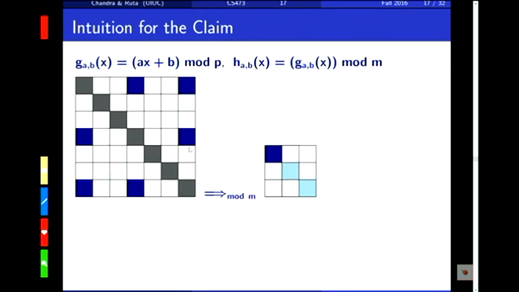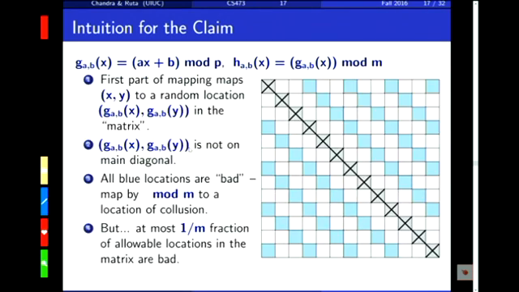So you may have some squares here which may collide, which may go to a diagonal when you collapse it through a P by P to an M by M matrix by doing mod M. And we want to argue that this is at most a 1 over M fraction of all the possible squares. Okay? So what did we say? We said let's do first mod P and then mod M, and look at this as a two-step process.